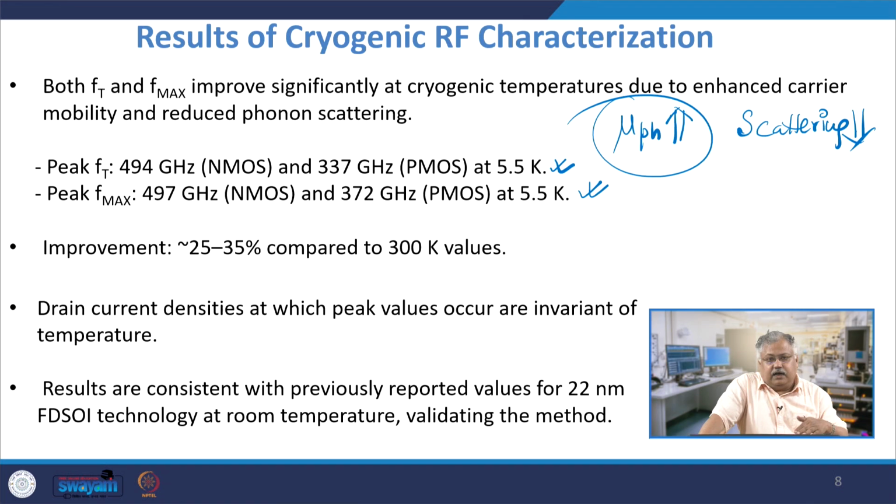The drain current peaking, ID by W peaking, is almost independent of temperature. It peaks at around 0.4 ID by W, which we have seen, and these are all consistent with 22 nanometer FDSOI technology also, as per the previous methodology or other papers which have reported at 22 nanometer, and the values are reasonably close to the values of FDSOI.